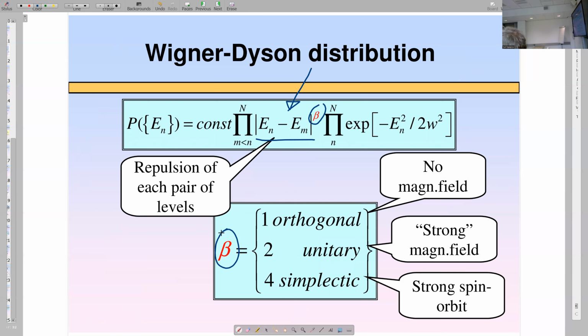This power is different for different ensembles. Good, so this is level repulsion, and there are terms which confine levels. If you have intuition for that, if the levels repel each other, they would go away. To keep the levels in a certain window, one has to apply this confining potential.